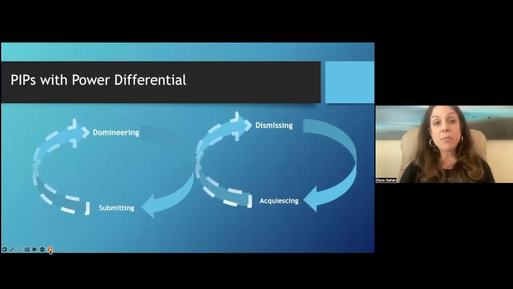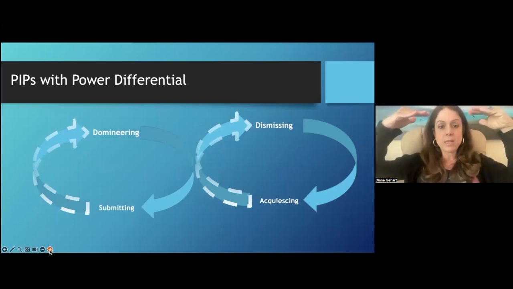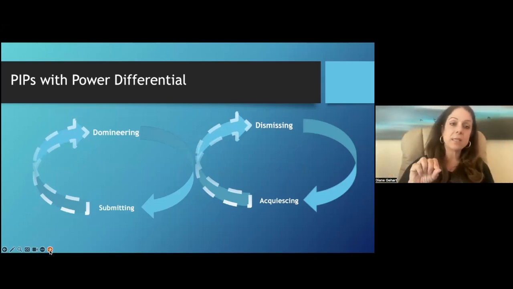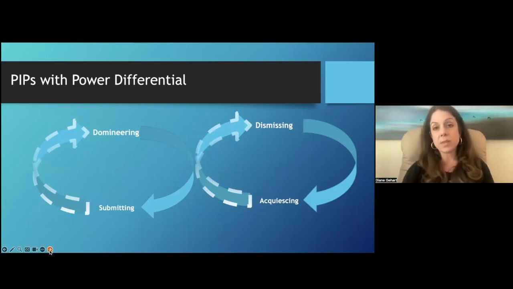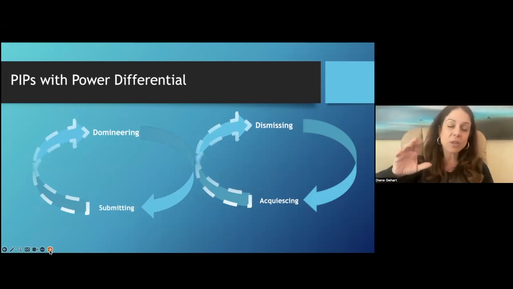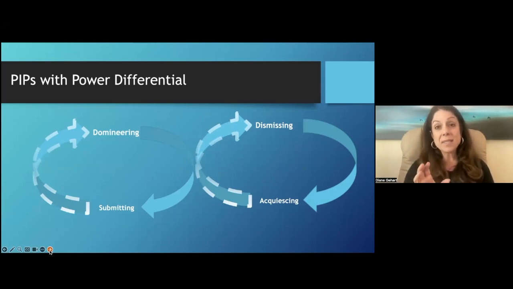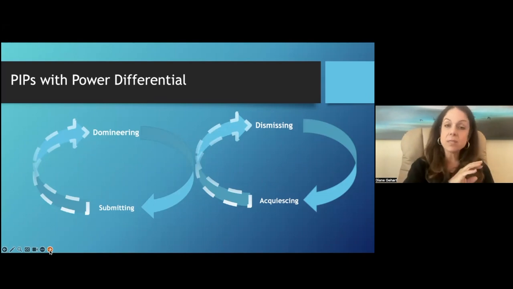You can have PIPs with power differentials. So you can have a more domineering and a more submissive partner. And so what that means is the domineering or dismissing partner tends to have more power and influence over the dynamic than the person with less power. Oftentimes in classic systems theories, the issue of power differential really was not well addressed in the early systemic work.